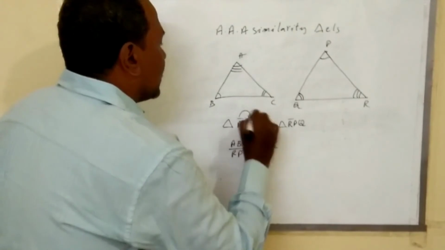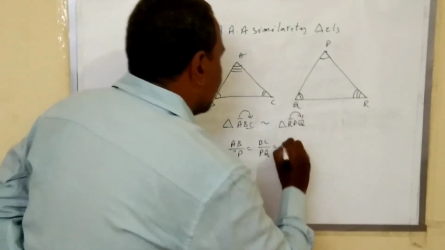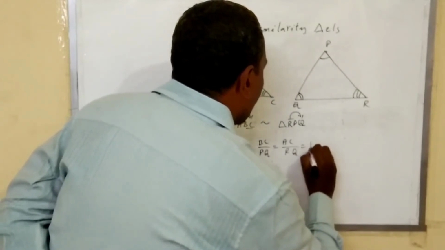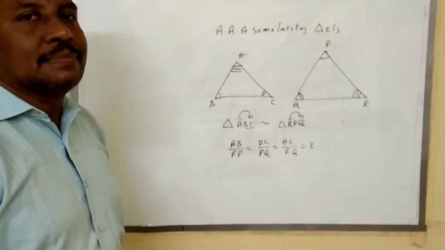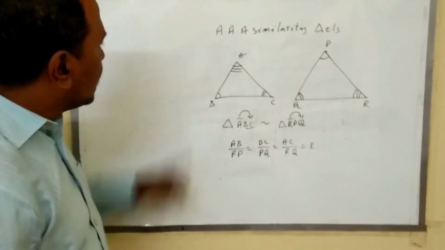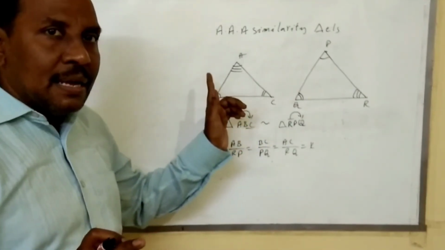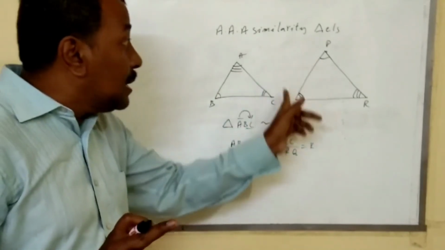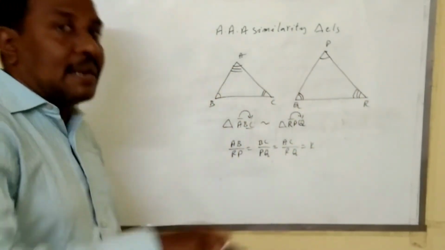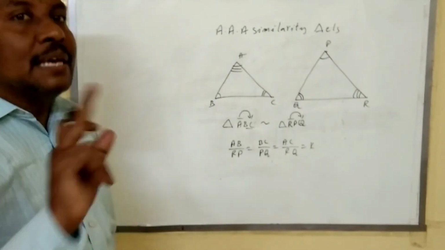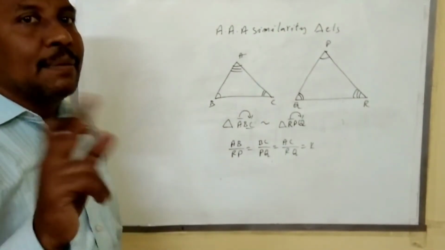In place of AC, RQ. AC by RQ is equal to some constant K. Like that. Okay. See what I said? If three angles of a triangle are equal to the corresponding three angles of another triangle, then the sides opposite to the equal angles maintain the same ratio.